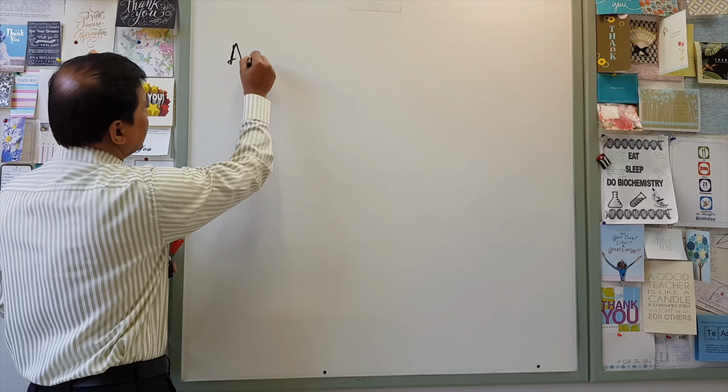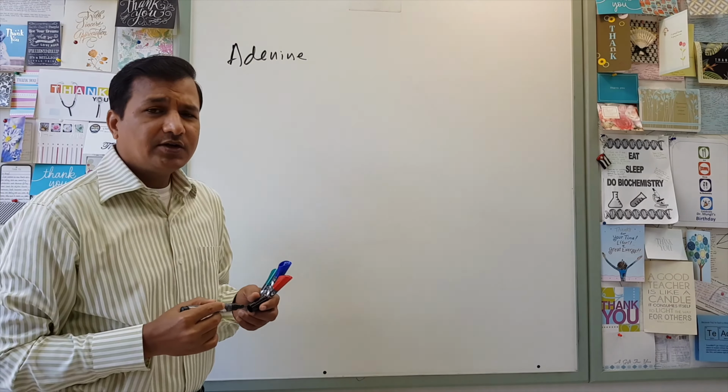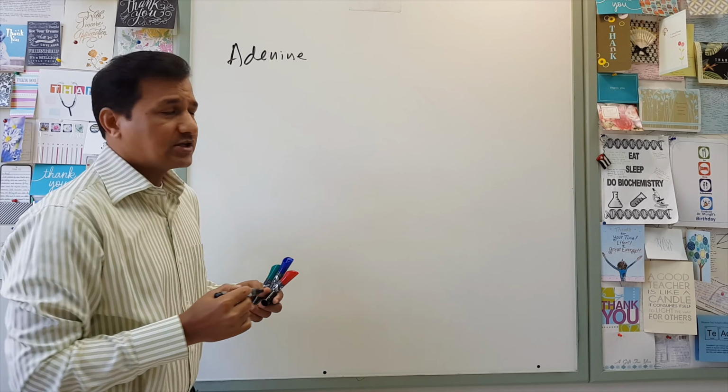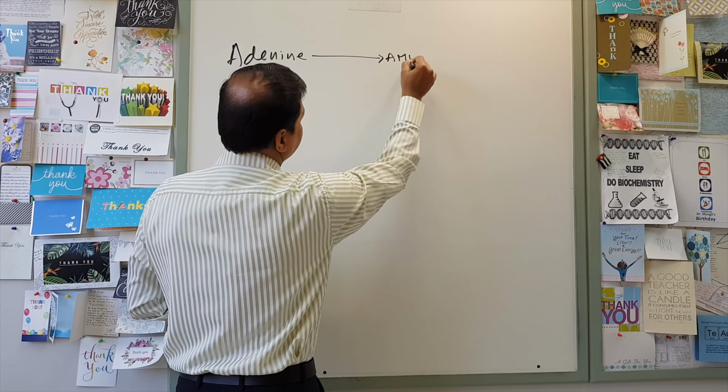Adenine is a purine base. Adenine is converted into adenosine monophosphate, AMP.